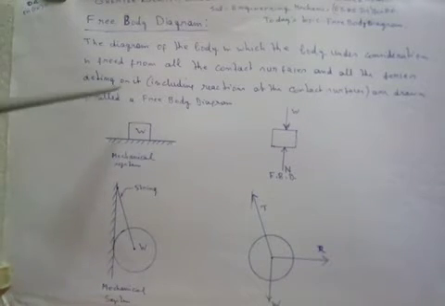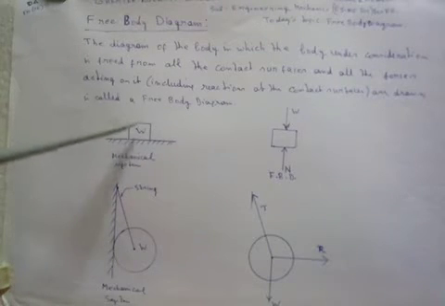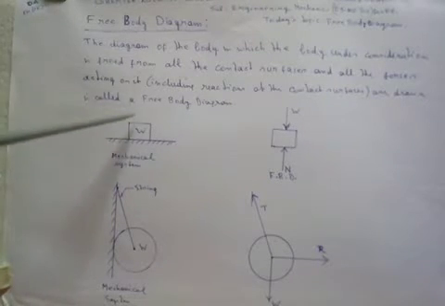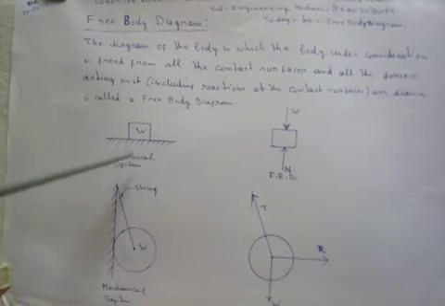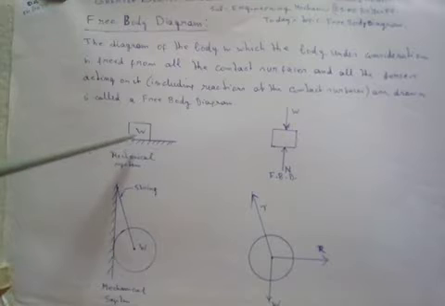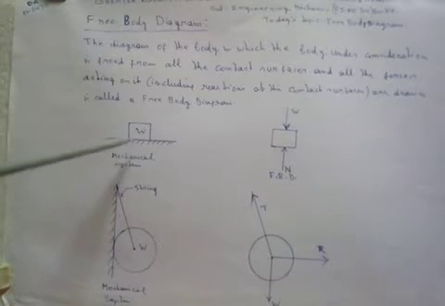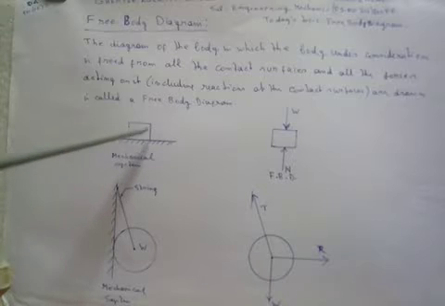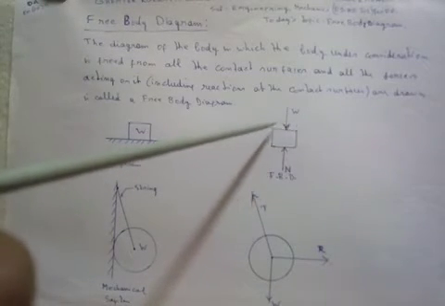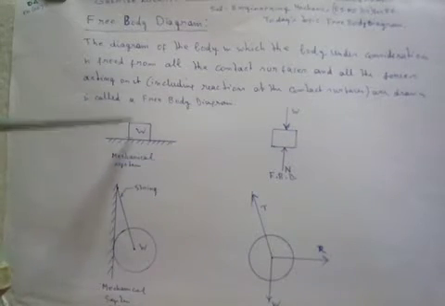So what are the forces acting on this block? W is acting vertically downwards and the reaction force is acting vertically upwards. So two forces are acting here, which are to be shown in the free body diagram with the object. So now the object, that means the block, is drawn here. This is the free body diagram of this block.